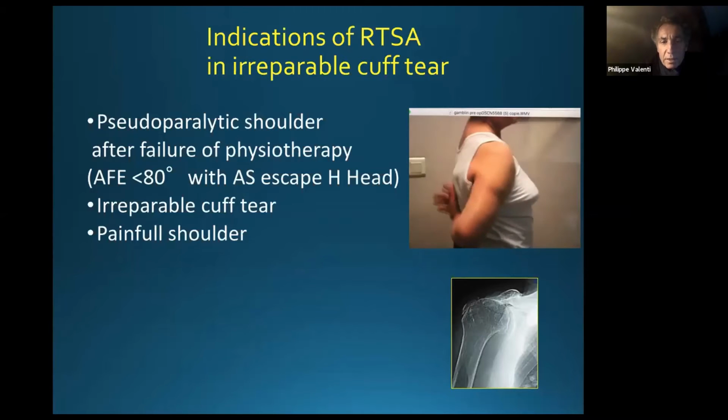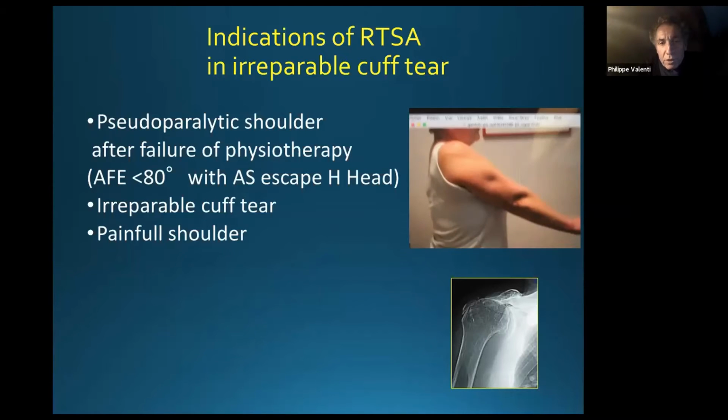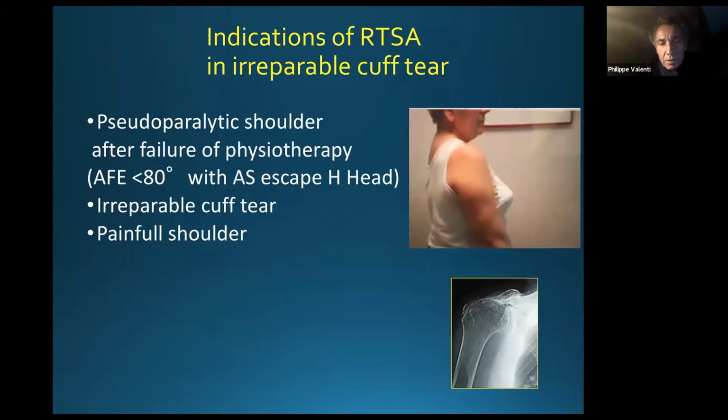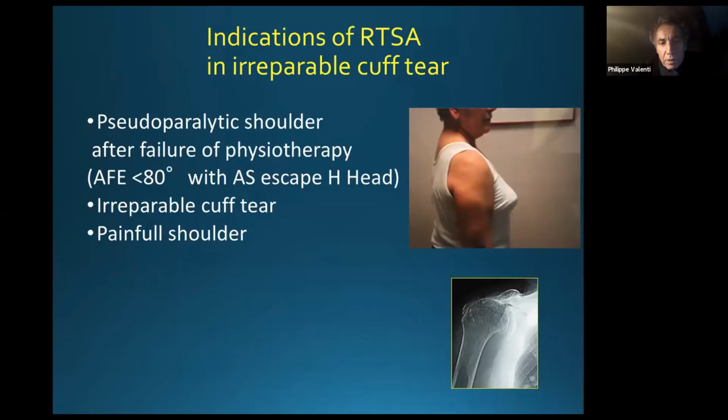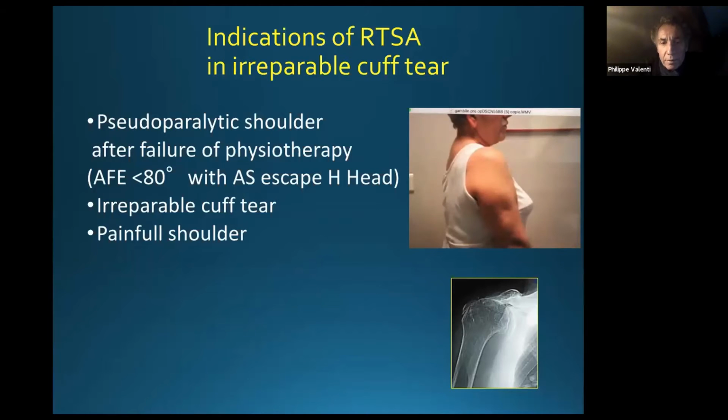Sometimes it's static, sometimes it's dynamic, and I think it is very important to remember the definition, because many surgeons talk about pseudoparalytic with a forward elevation of 100 degrees, but it's not pseudoparalytic. Pseudoparalysis is sometimes static, when the humeral head is just under the skin, and sometimes dynamic, like this patient with a superior and anterior escape of the humeral head.